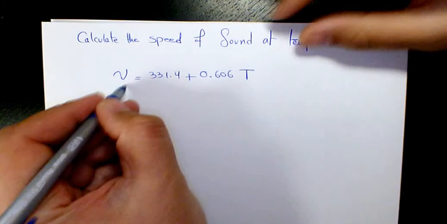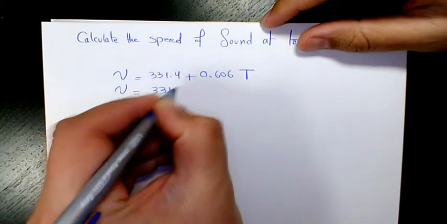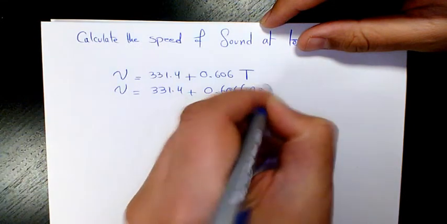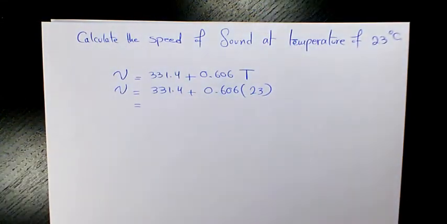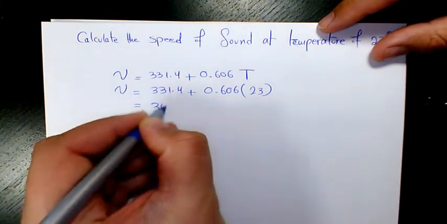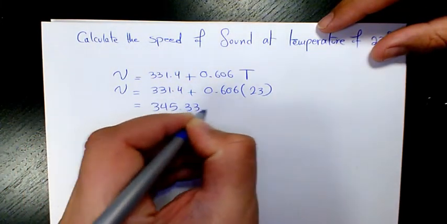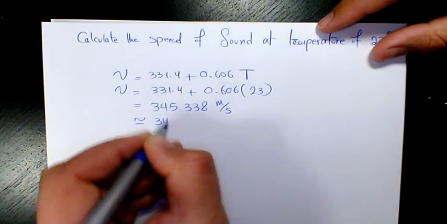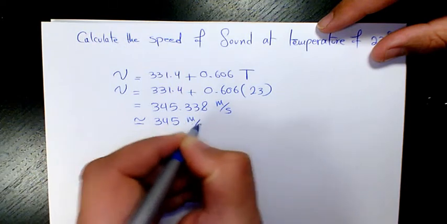Temperature is 23 degrees, so it's going to be 331.4 plus 0.606 times 23 degrees. So when we calculate it, 331.4 plus 0.606 times 23 is going to be 345.338 meters per second, or we can say approximately 345 meter per second.